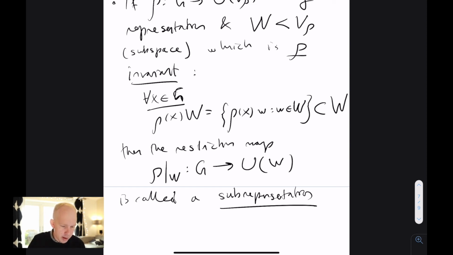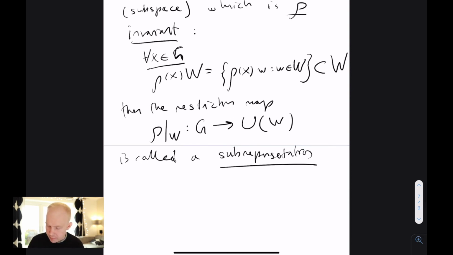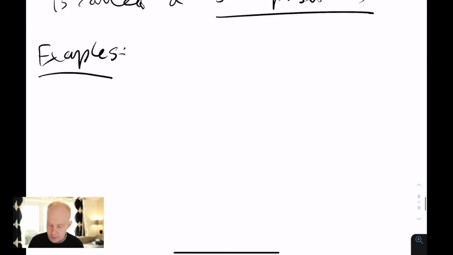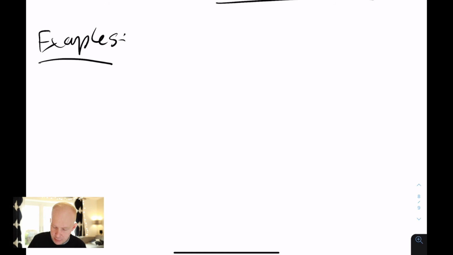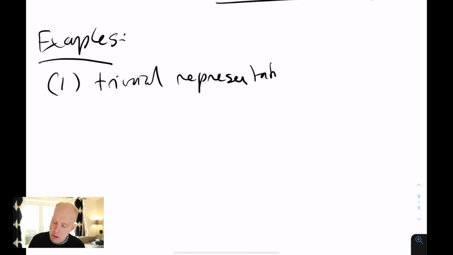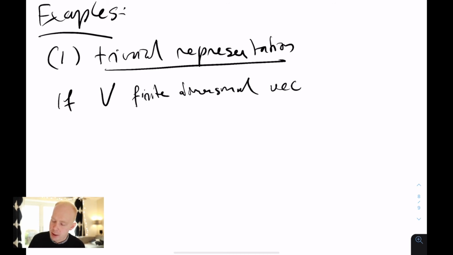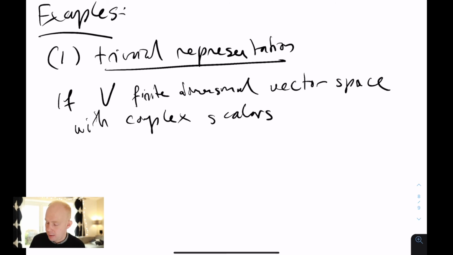Okay, so that's the basic notions of representations that we have here, and maybe some examples would be good to give. So let's take a couple of examples. One of the first examples is something called a trivial representation, which is defined if we have a V, a finite dimensional vector space with complex scalars and an inner product.